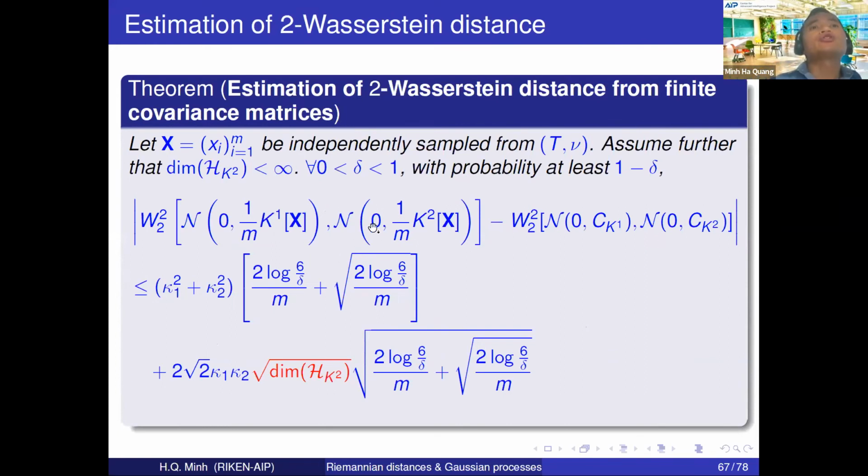For the moment, I can show that the empirical version converges to the theoretical version, but only in the case that at least one of the RKHSs has finite dimension. Otherwise, we can have the convergence, but not the rate of convergence.